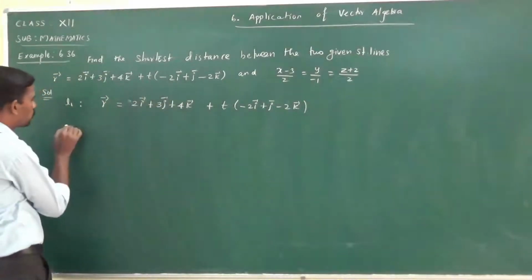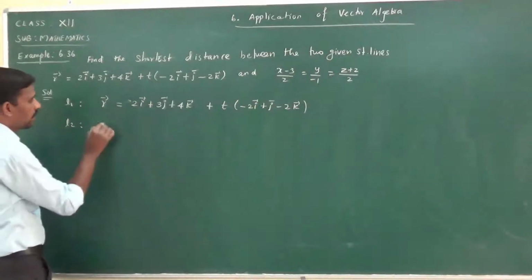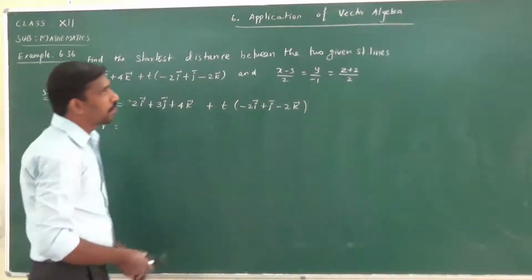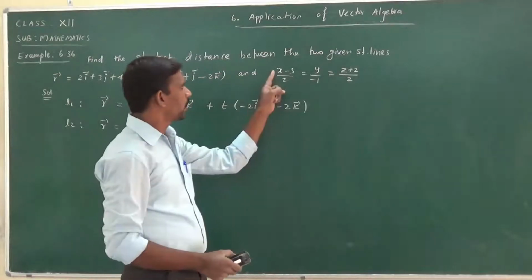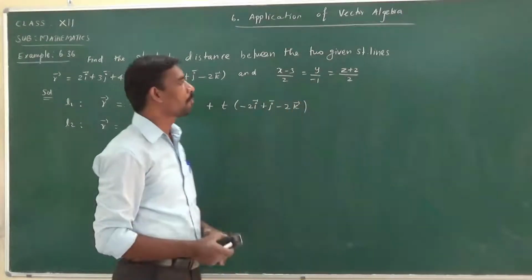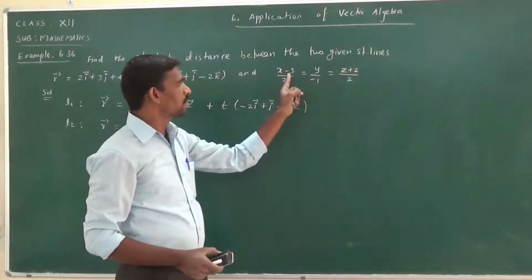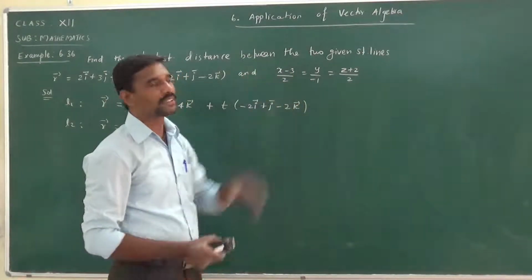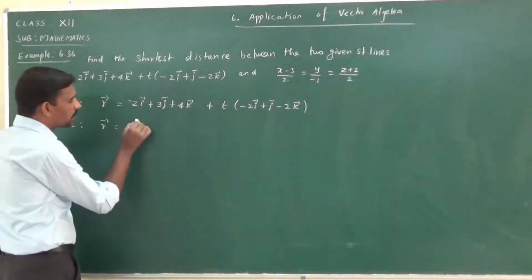And another line, line 2. This line is r vector equals... we want to check the numerator, whether the x, y, z coefficients are plus 1. Here plus 1, here plus 1, here plus 1, no problem. So, in the numerator, you want to take the opposite sign. Minus 3 is given, so you take plus 3, so plus 3i vector.